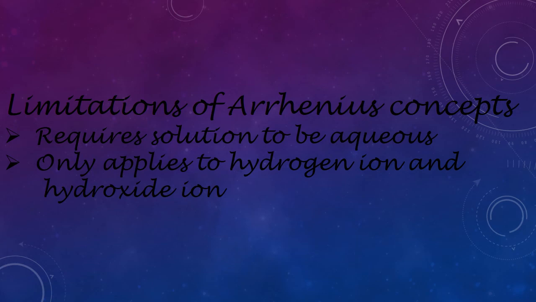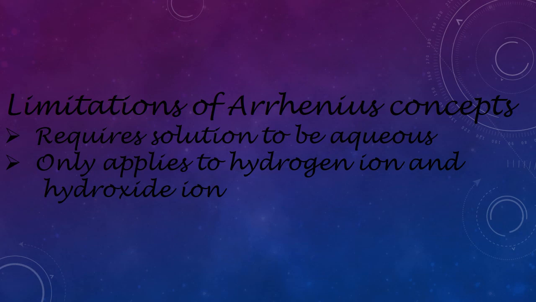The next limitation of Arrhenius concept is it only applies to hydrogen ion and hydroxide ion. So the species which are having hydrogen ion and hydroxide ion can be differentiated by Arrhenius concept. But what about those that aren't having hydrogen ion and hydroxide ion?